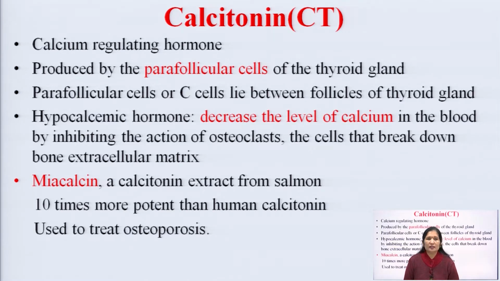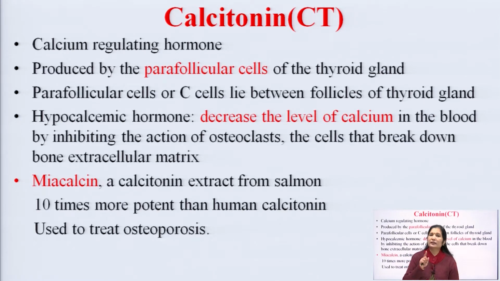So, first is calcitonin. Calcitonin is a calcium regulating hormone which is produced by the parafollicular cells of the thyroid gland. Thyroid gland location we have already covered, that is present anterior to the trachea, inferior to the larynx. In the thyroid gland there are two types of cells, follicular cells and parafollicular cells.